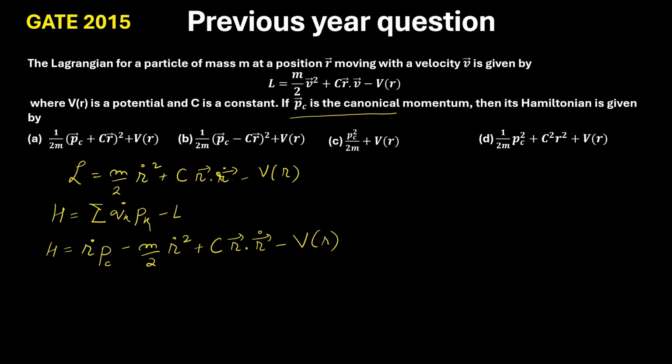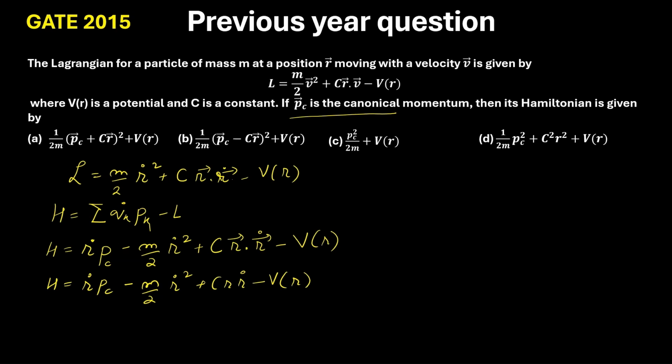Now here we can assume that the position vector and the velocity vector are in the same direction. So this dot product, we can replace it like this: m by 2 r dot square plus c r into r dot minus v of r. This is the assumption we are taking.